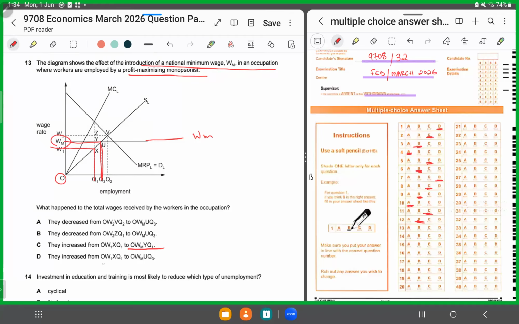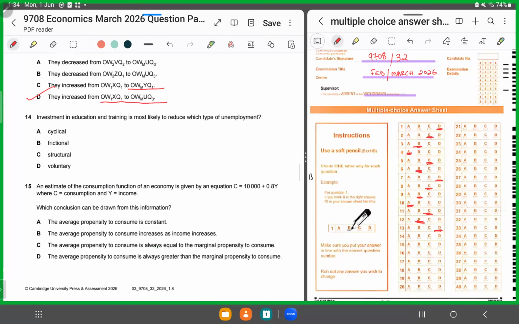We increase from OW1 XQ1 to OWM UQ3, because after the minimum wage was imposed, the quantity rose as well as the wage rate. So D is the correct answer.